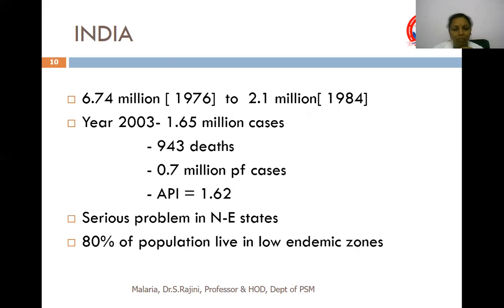And the API, what is the API? The API is annual parasite incidence. So annual parasite incidence is 1.62. We have more cases in the northeastern states, and 80% of the population live in low endemic areas.